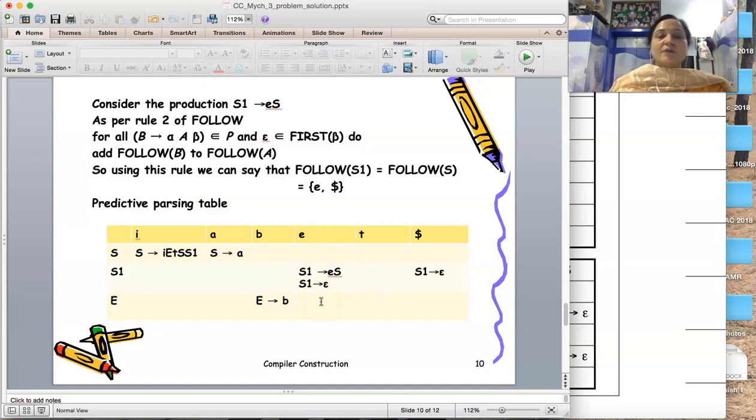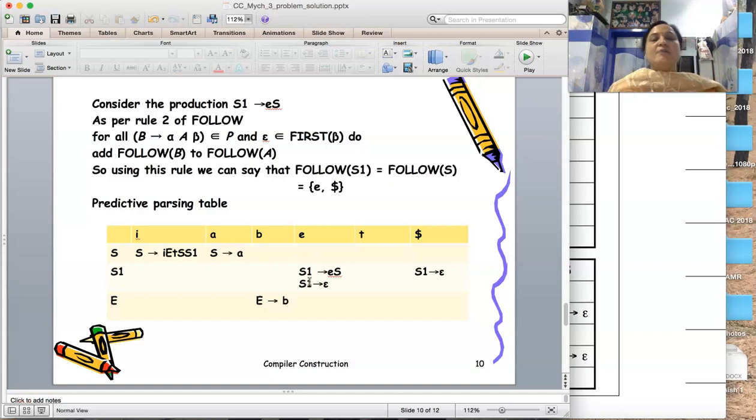When there are multiple entries at a single location, the parser will be confused: when the input is e and the top of the stack is S1, whether to use S1 tends to eS or S1 tends to epsilon. If the parser randomly selects S1 tends to epsilon and eS is expected, the parser will fail. And if the parser randomly selects S1 tends to eS and epsilon is expected, again the parser will fail.